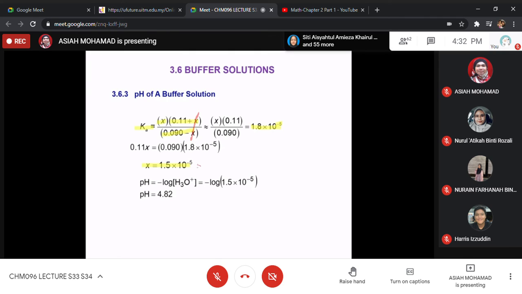What x is, is actually the hydronium ion concentration at equilibrium. With that you can calculate the pH of the buffer solution using this equation: pH equals negative log hydronium ion concentration, which gives a pH of 4.82. So this is how to calculate the pH of a buffer solution by using the ICE table.